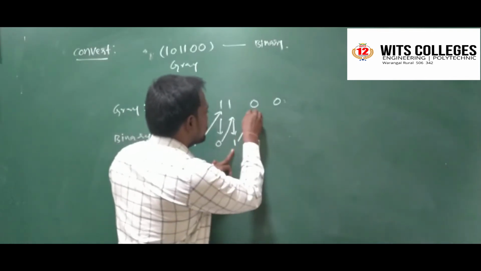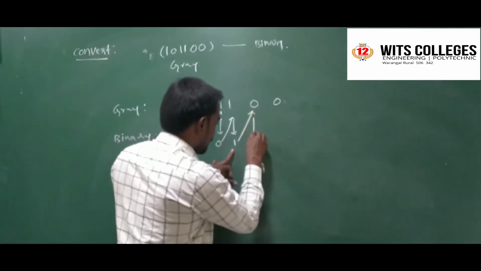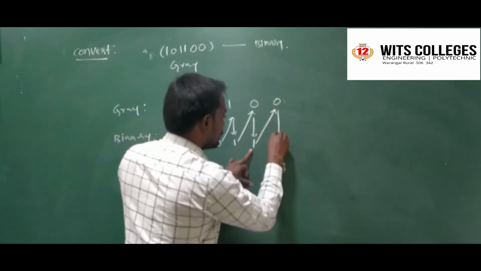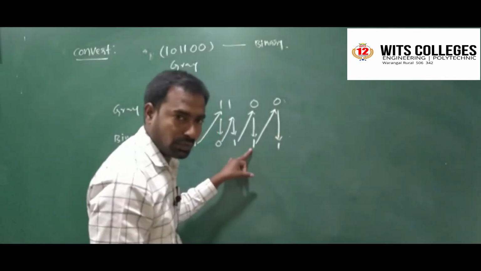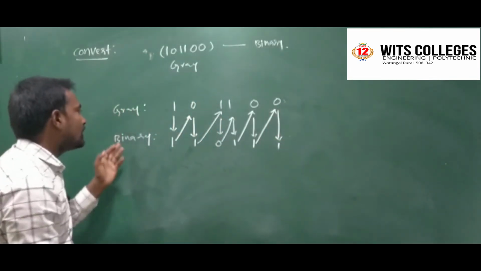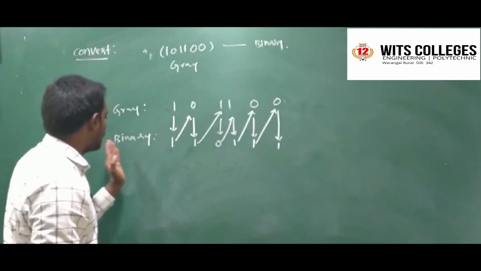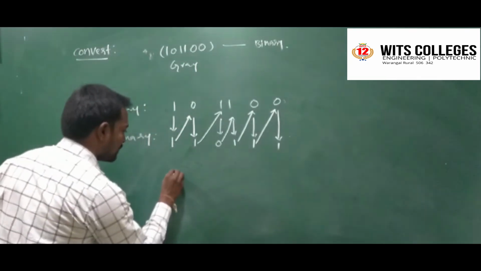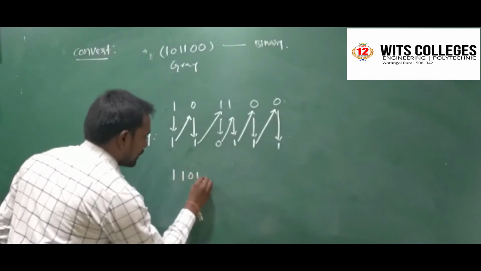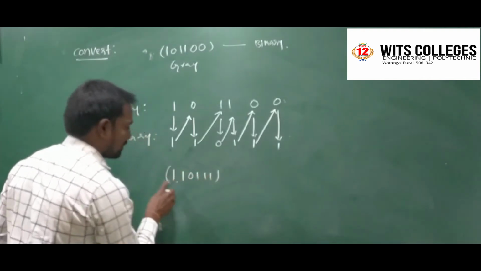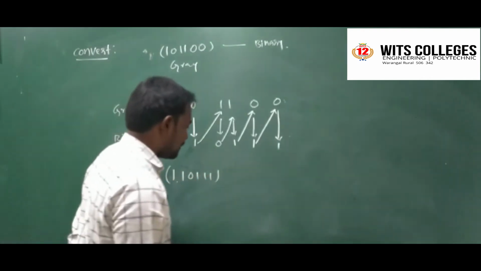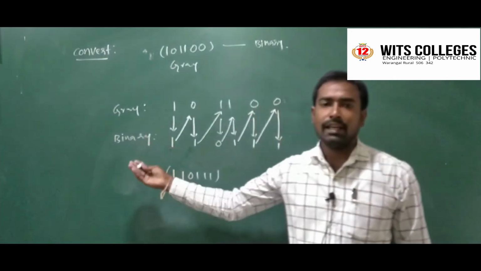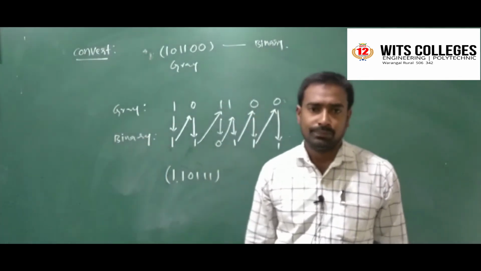Again 1 plus 0 is 1, and again 1 plus 0 is 1. So this is the conversion of Gray code to binary, and the final binary value is 110111.